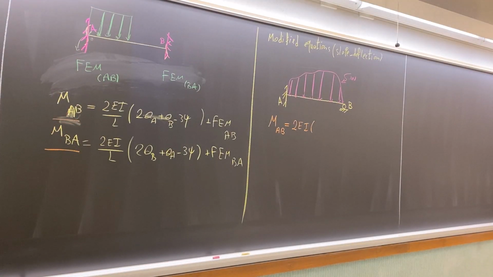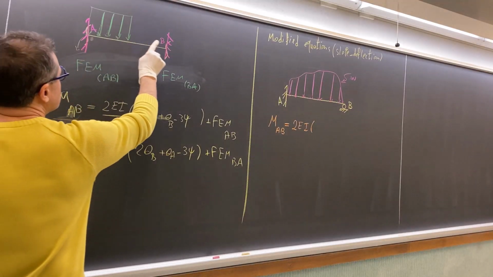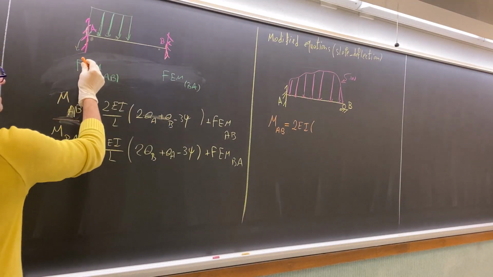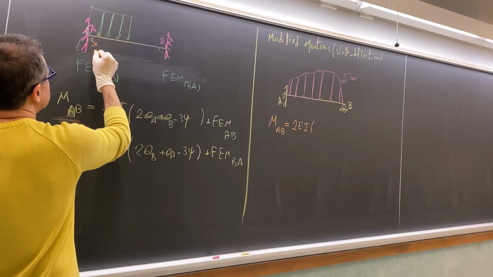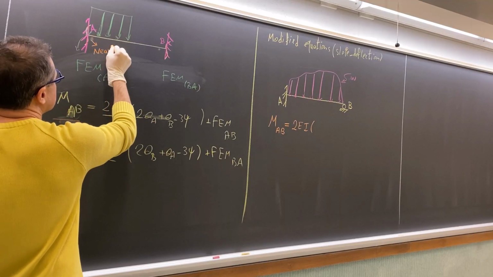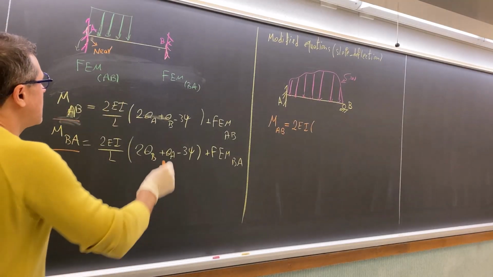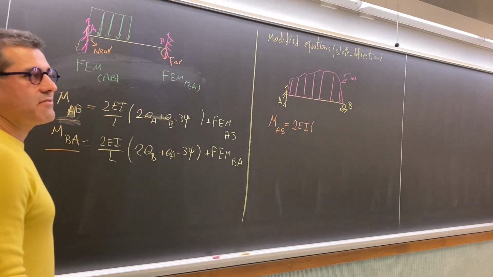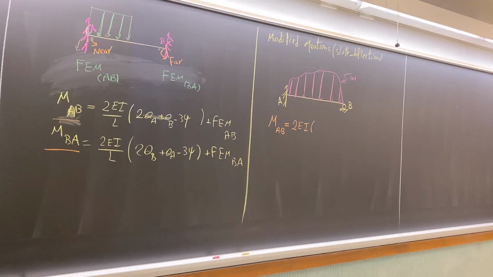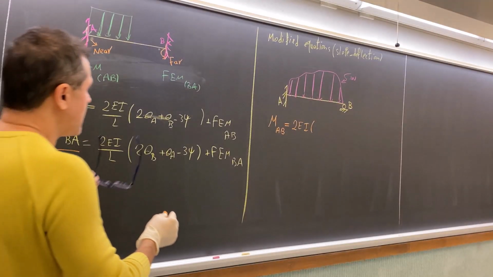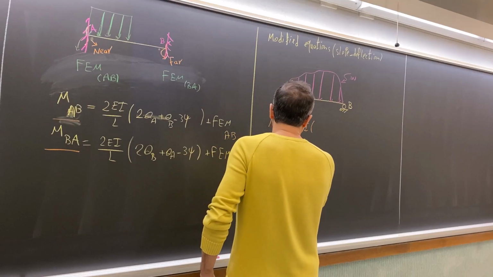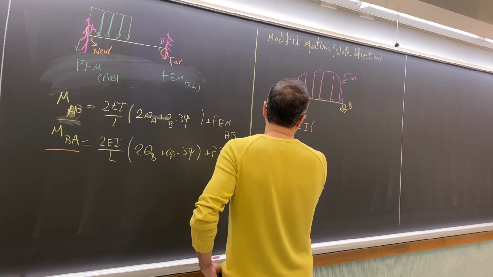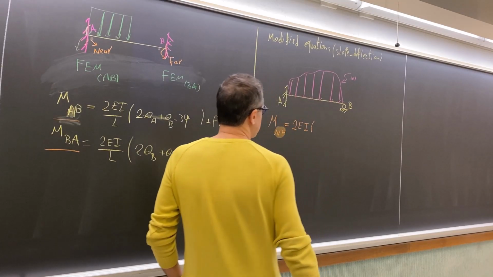In the textbook, instead of A and B, we call this end the near end, and we call this one the far end. So we have a near end, we have a far end. So instead of A and B, we use N and F, near and far.